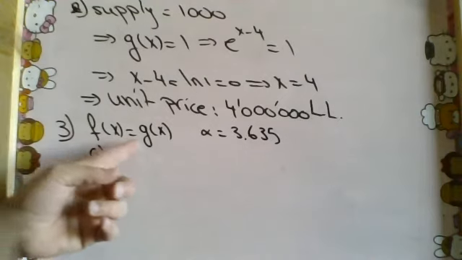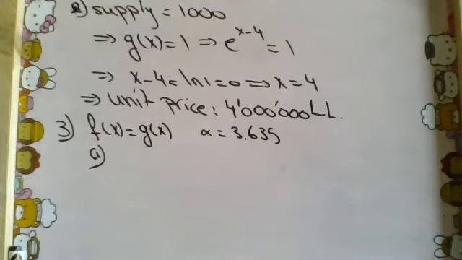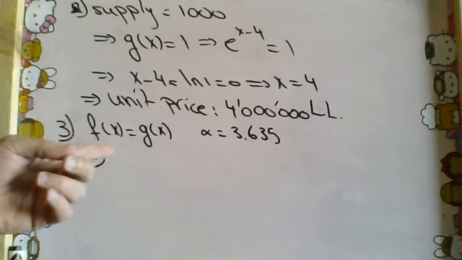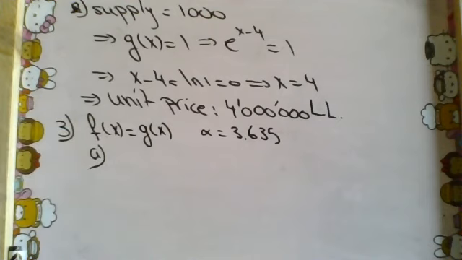When you say f of x is equal to g of x, what does f of x represent? Demand. And g of x? Supply.